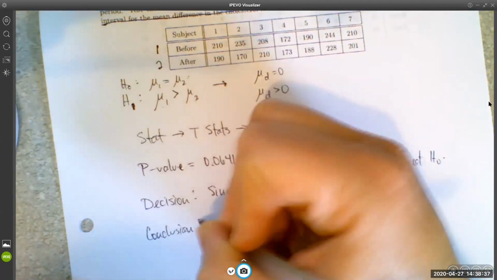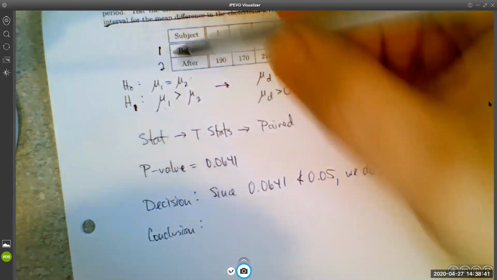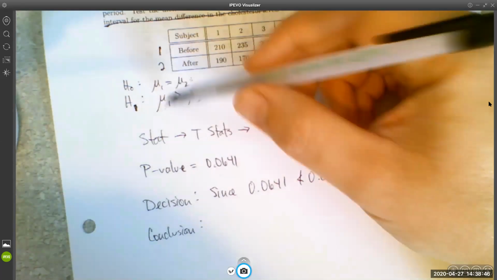And then we'd write a conclusion detailing what that means for the alternative hypothesis. Well, if we're not rejecting the null, then that means there's not enough evidence to support the alternative.